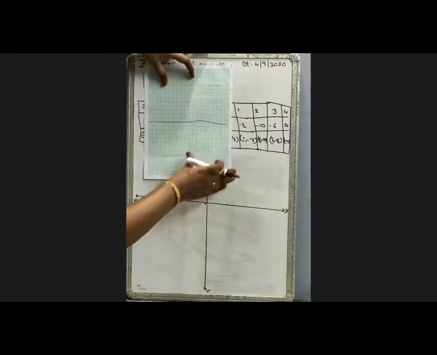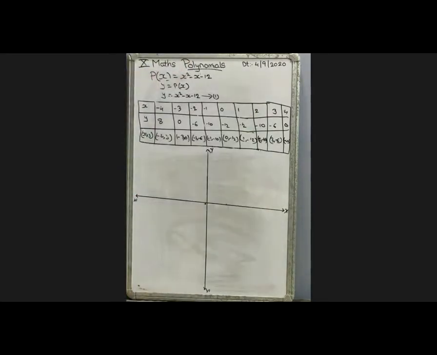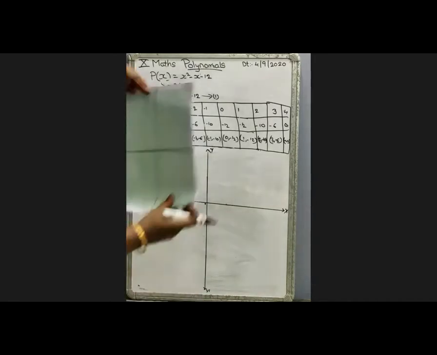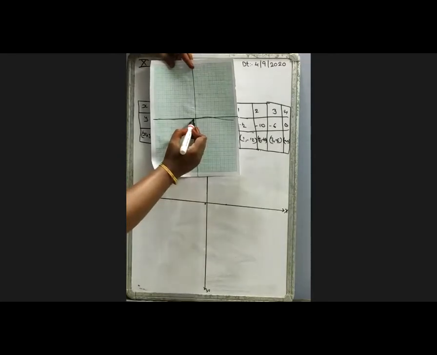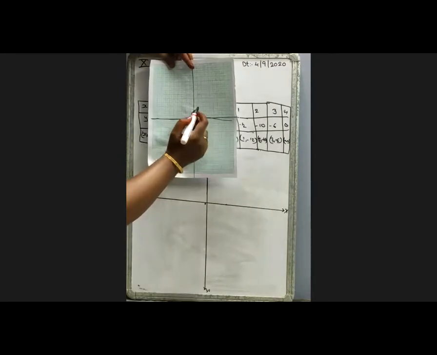See, if you observe here, the exact middle part, we can take it as 0. After that, count the dark lines, not the light lines, ma.